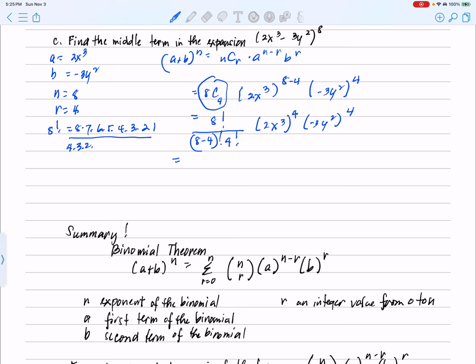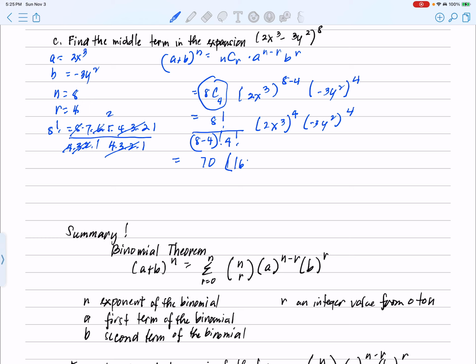And the other one is 4, 3, 2, 1. 4, 3, 2, 1 can be cancelled out. 4 and 2 can be cancelled out with 8. So I have what is left in the denominator. I have 3, 3, and 6. I could cancel that out. So I have 7 times 2, 14 times 5. That is 70. Then 2x to the third, 2 to the fourth, 2 times 2 times 2 times 2, that's 16.